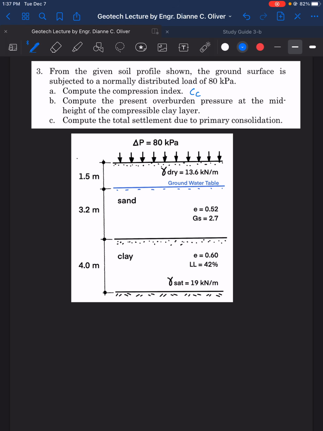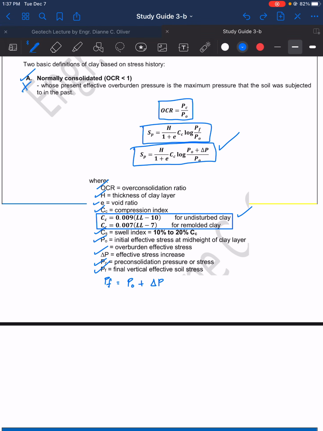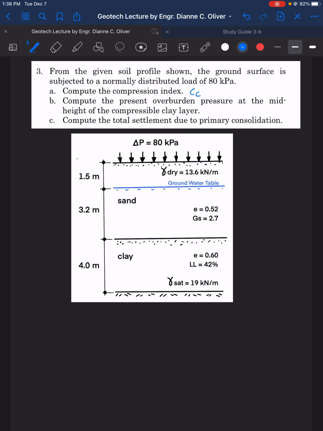Letter B, present overburden pressure, and that is P sub O, being the initial effective stress at mid-height. So take note, it's mid-height of the clay layer. It's also called the overburden effective stress. So we're looking for P sub O.